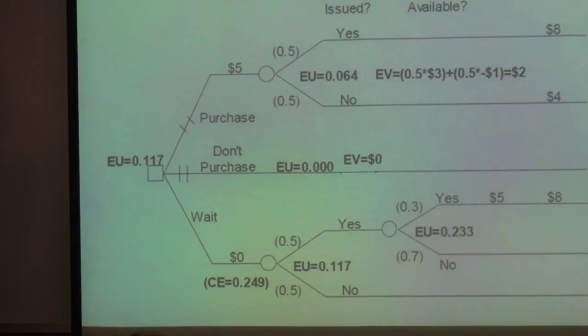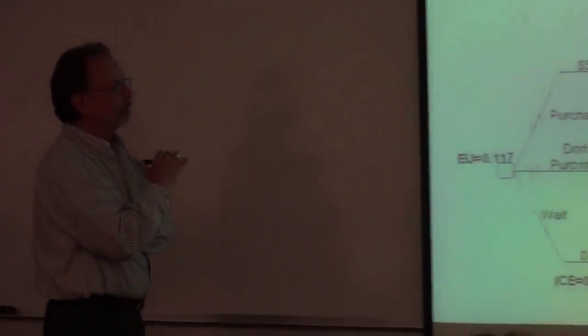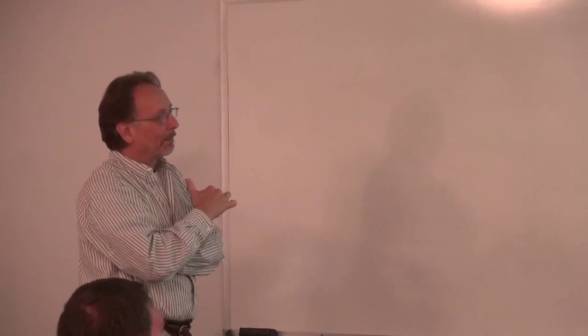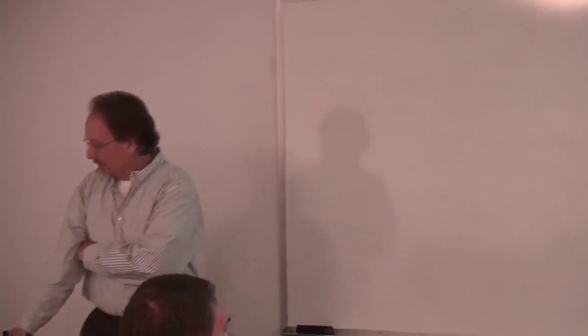Does this make sense? Now, I thought it would be interesting to take a look at how your trading decision, your expected utility, changes as your risk tolerance increases from 1 million to 10 million. Okay.